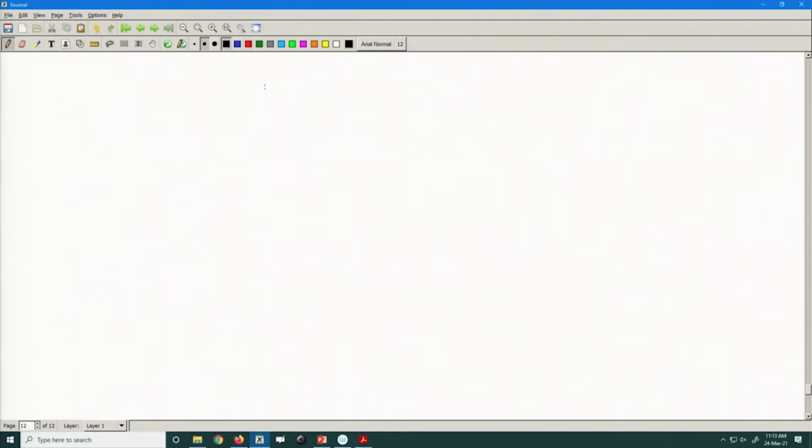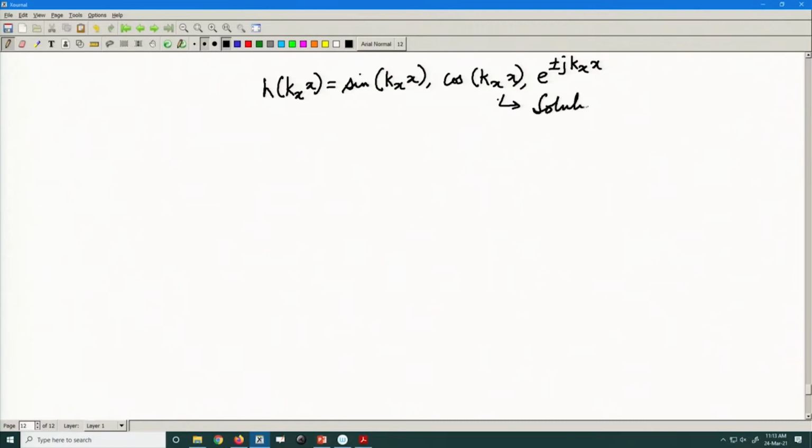So, they are of the form sin k x x or cos k x x or e to the power plus minus j k x x. They would satisfy the solutions to 15a, and these are called harmonic functions.